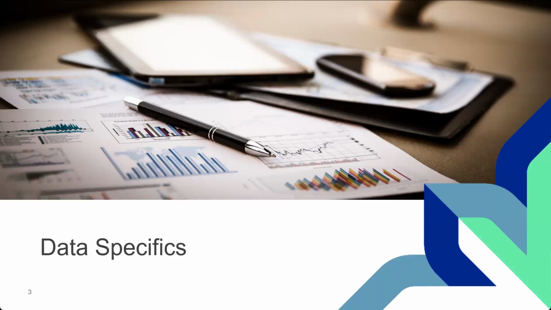So starting with data specifics. Here at WPS, we have a lot of internal business units, departments that review claims data on a constant basis for a lot of different reasons. Each department has their own function and their own scope of work that they're responsible for, but it all boils down to us being your Medicare administrative contractor, processing your claims, reporting what we're seeing on claims back to CMS.